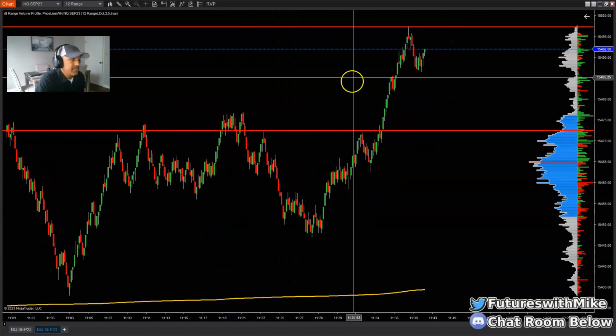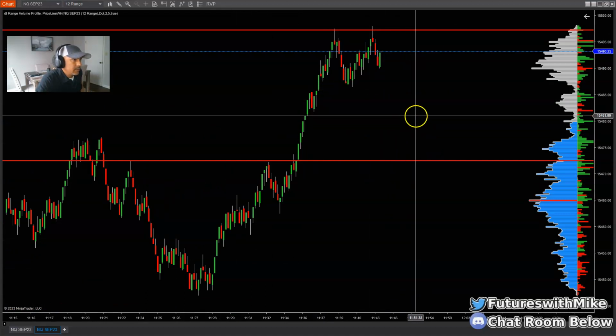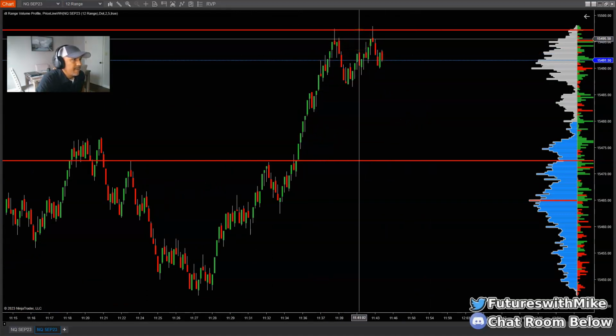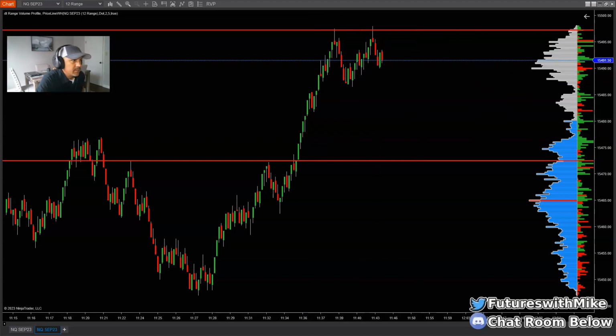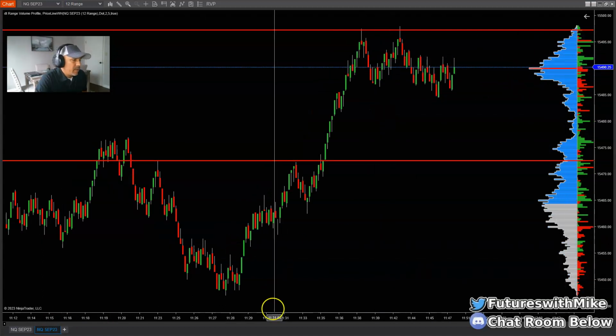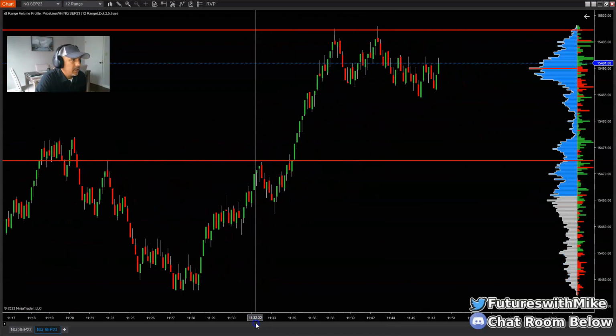So let me see what takes place here. All right, let's see. What is the market trying to do here? Looks like it wants to push lower here. All right, so the market is moving sideways, building volume around this high volume area here.